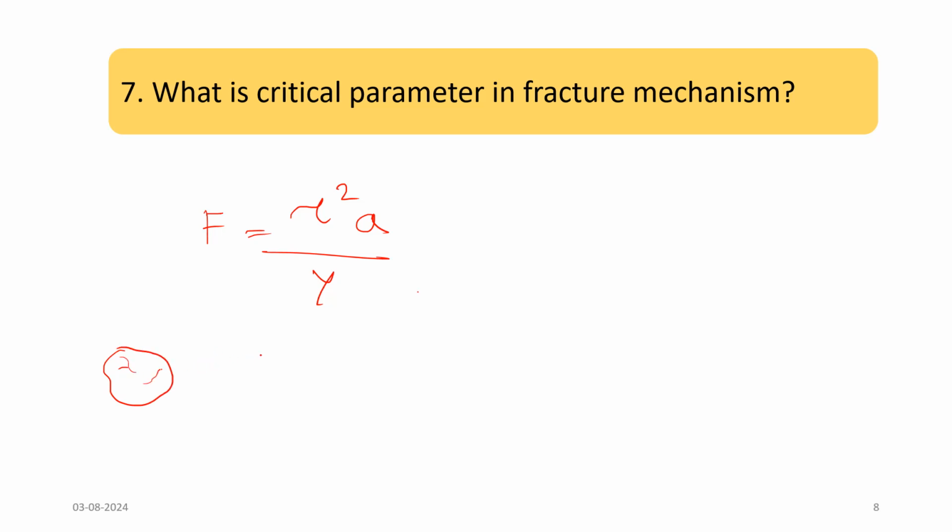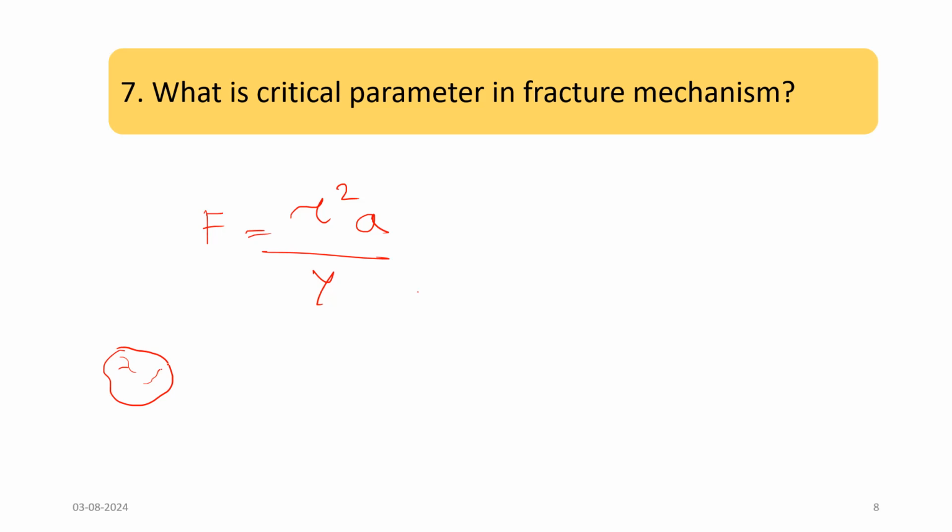If we apply force, the crack opens and size reduction occurs as a result of crack initiation, and finally the crack propagation happens. That means the particle will start breaking from the point of cracking. So this parameter is called the critical parameter of the fracture.